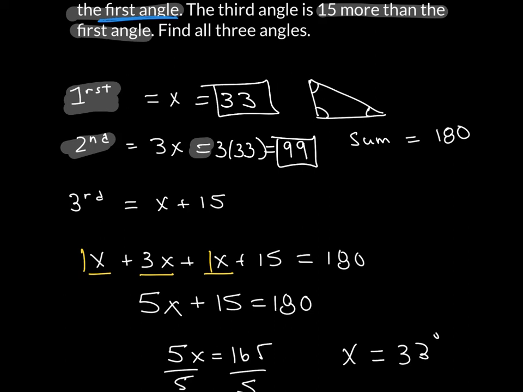And for the last angle, the third one, it's going to be 33 plus 15 to give me 48. It is very important you put them in the right place. It is not the size of the angle that is important. It doesn't go from smallest to largest. It goes by the definition of what you were given for the first, second, and third angle.